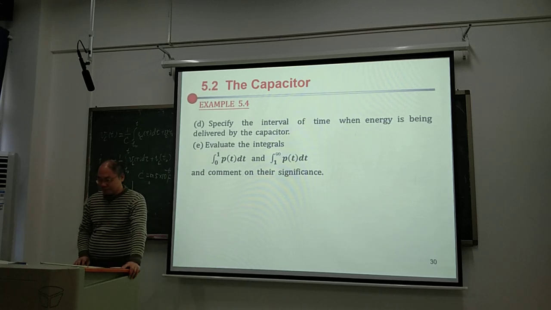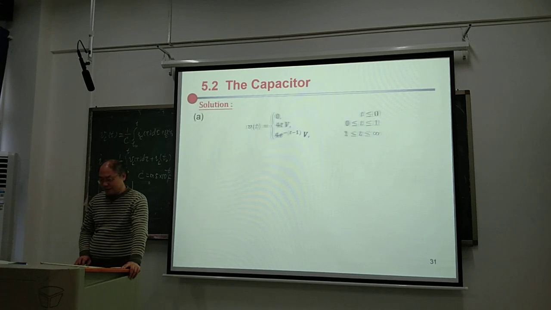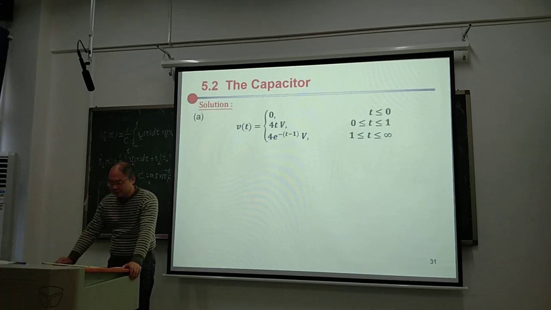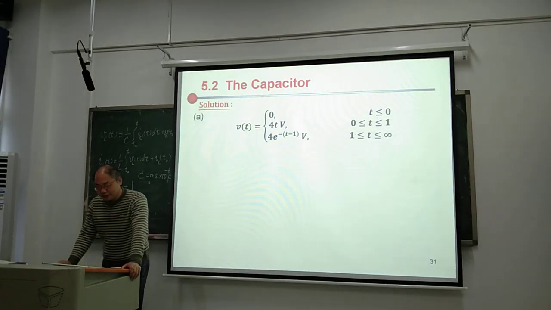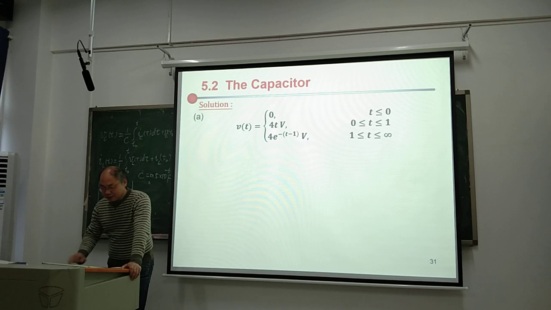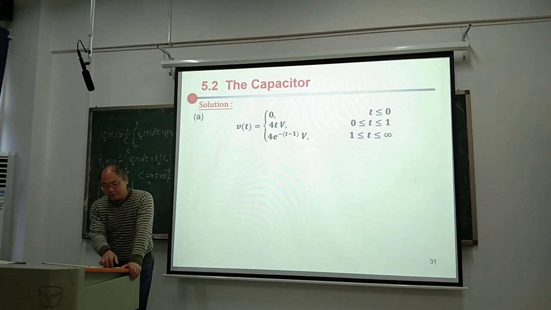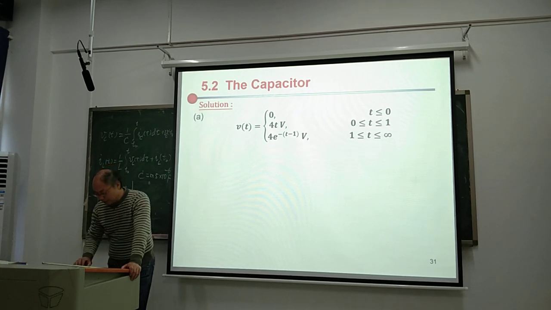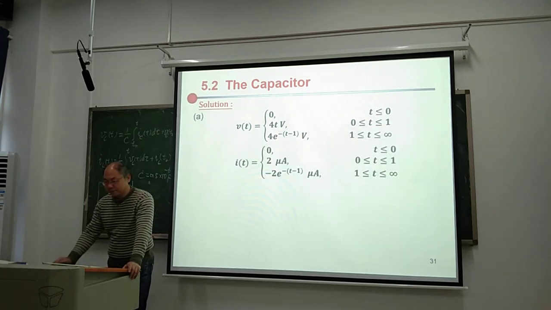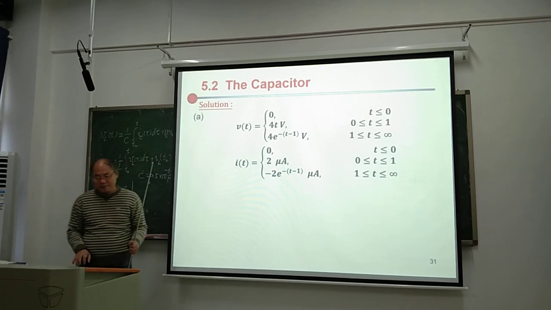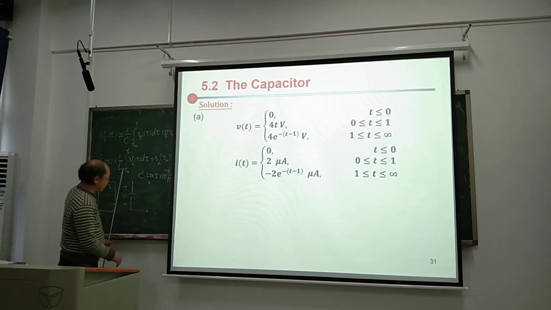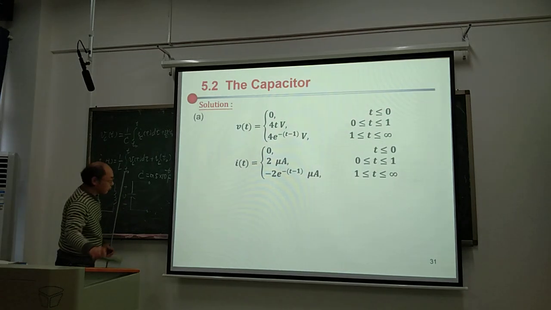So this is voltage, right? First we must calculate the current. How is the current? It is C dv over dt.